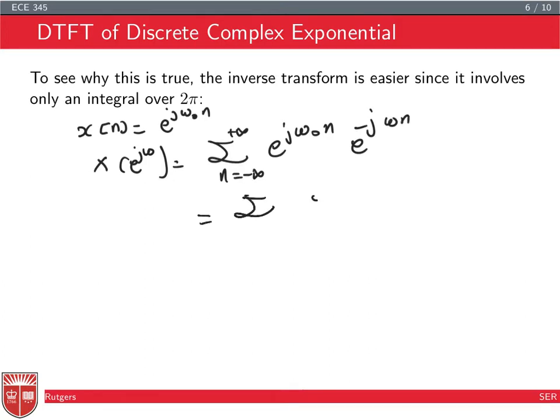So you get the sum of e^{-j(omega minus omega 0)n}.